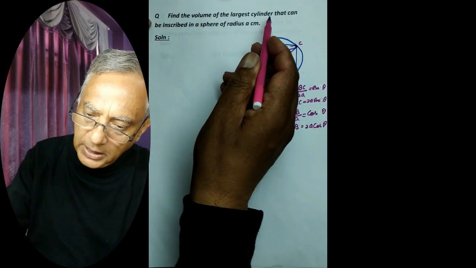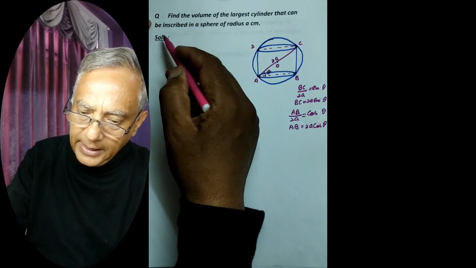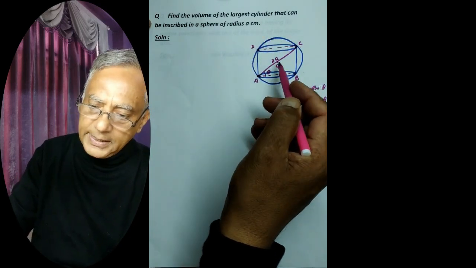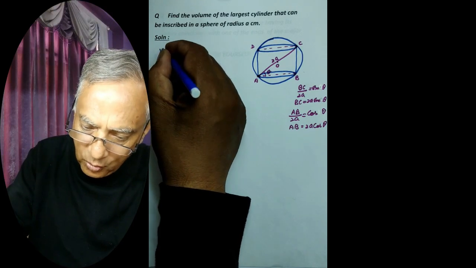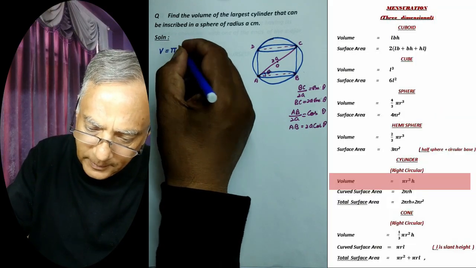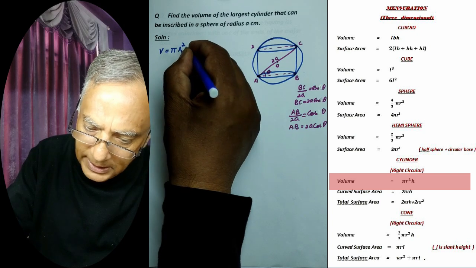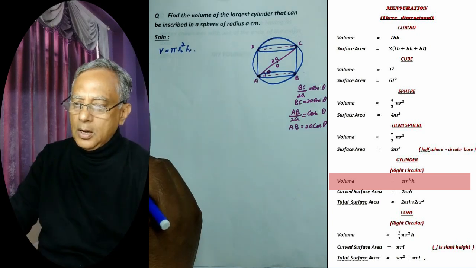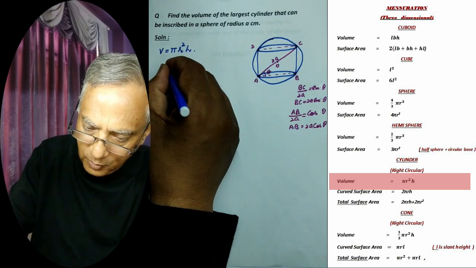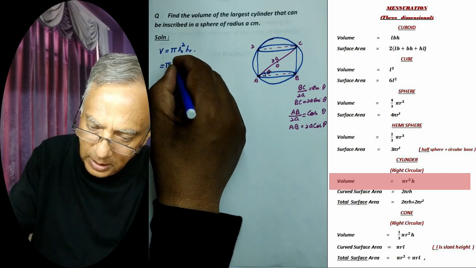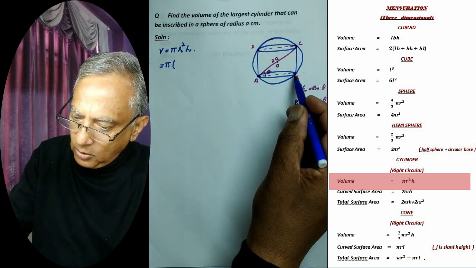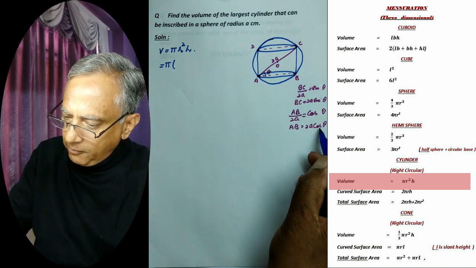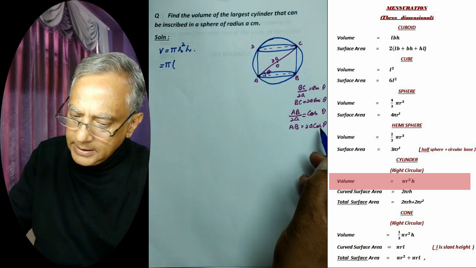Find the volume of the largest cylinder that can be inscribed in a sphere of radius a. Now volume of the cylinder is equal to pi r square into height. This is equal to pi into r square, radius is half of AB, so half of AB is a cos theta.